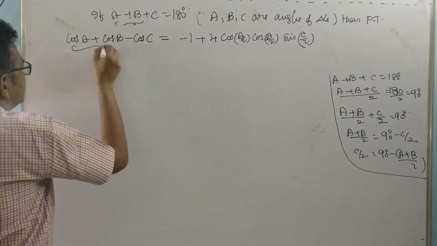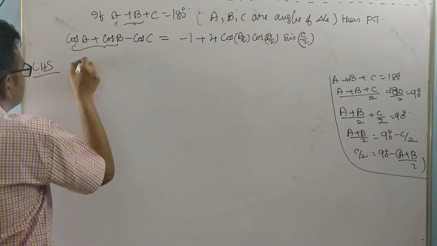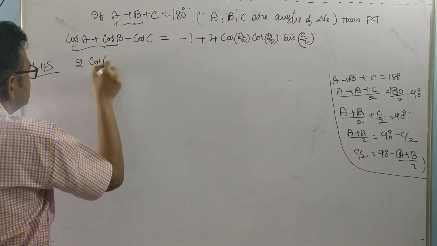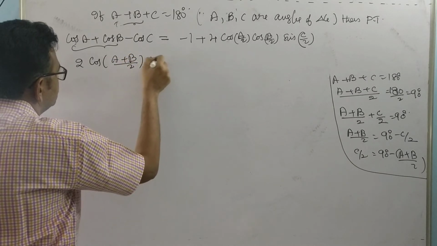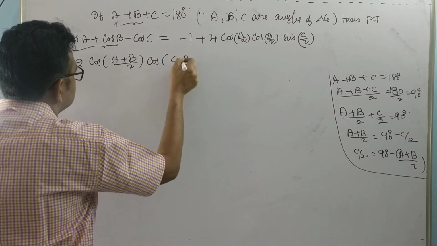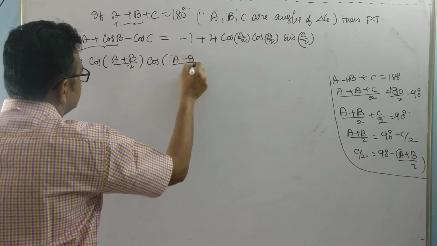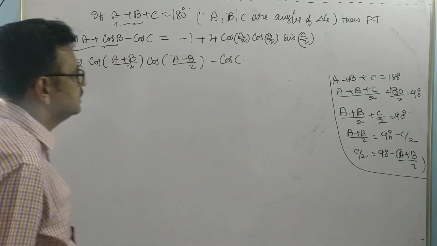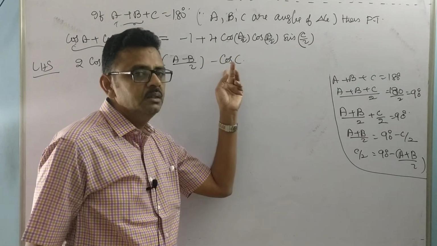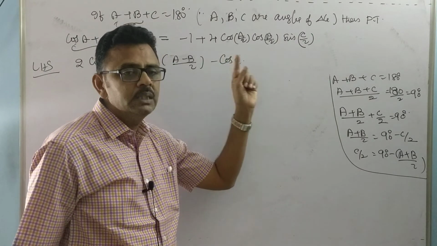Same by using cos C, LHS. Cos C plus cos D is 2 cos (C plus D) by 2 into cos (C minus D) by 2. Here it means 2 cos (A plus B) by 2 into cos (A minus B) by 2 minus cos C. Cos C has two formulas: 2 cos square C by 2 minus 1, or 1 minus 2 sin square C by 2.